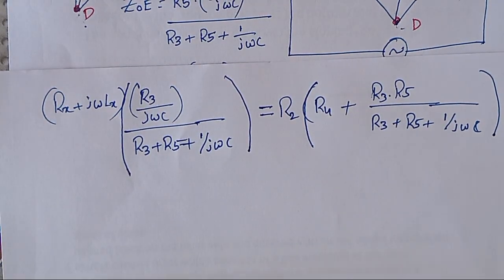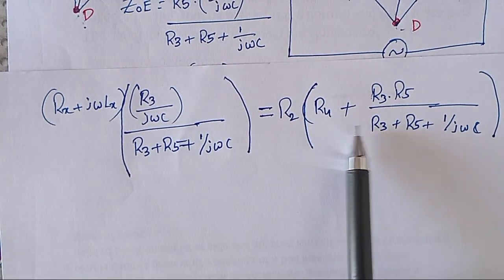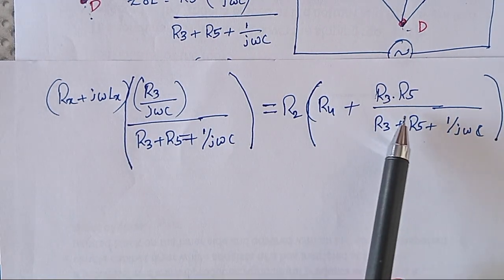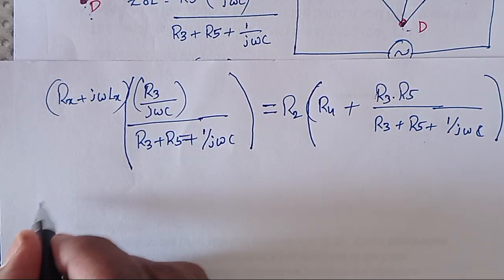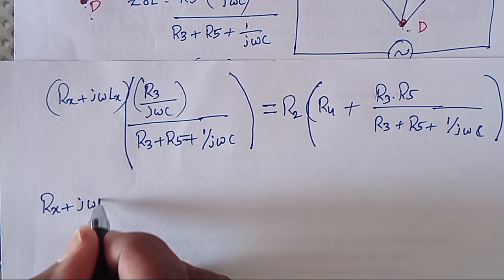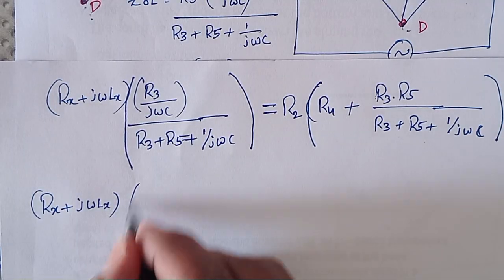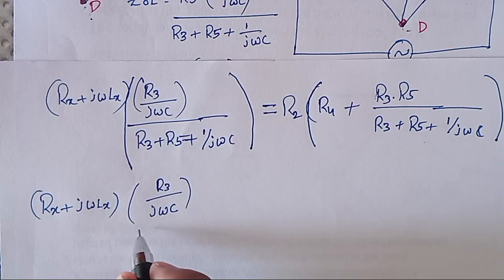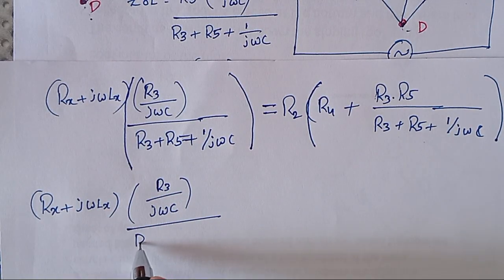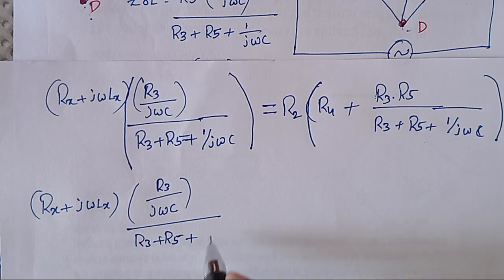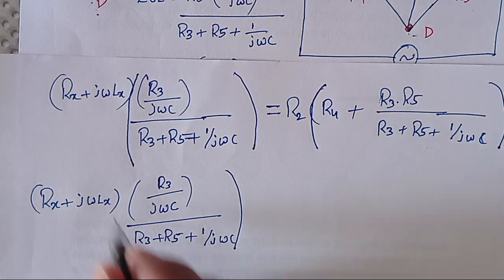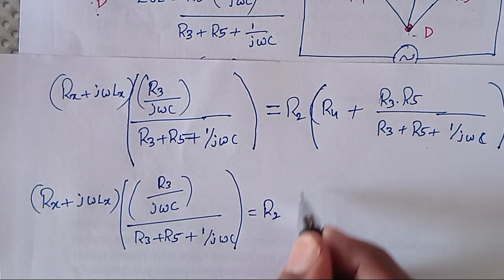So from this, by simplifying, just look at here. Now I'm making LCM on the RHS side. The same term I'm keeping and I'm making LCM. So look at here, the same term Rx plus j omega Lx into R3 by j omega C by R3 plus R5 plus 1 by j omega C. This is the one term, equal to R2 into LCM.